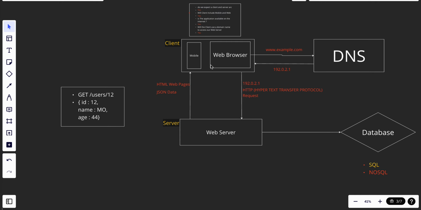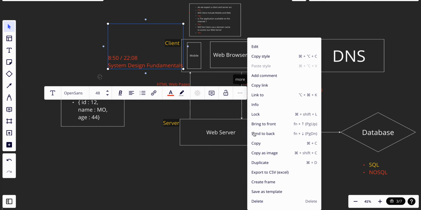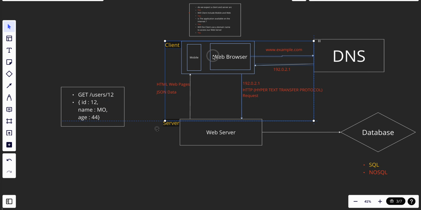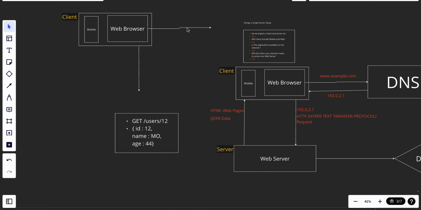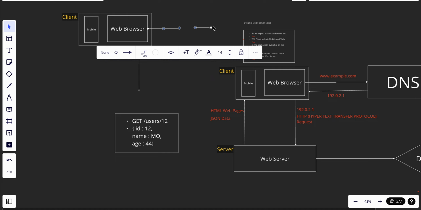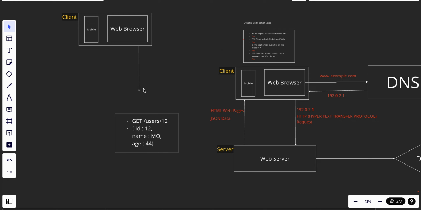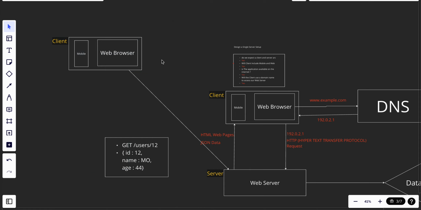So let's say that we had multiple clients, and let's add more so it will really look like a lot.